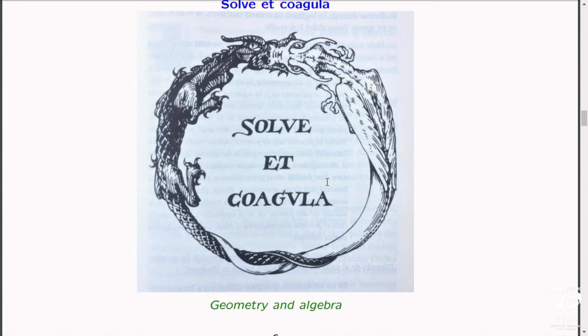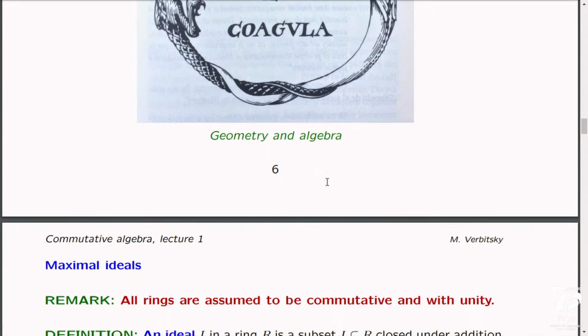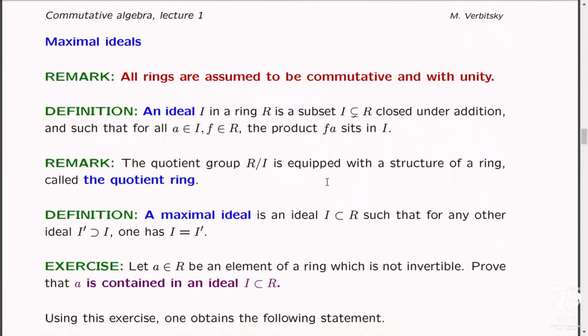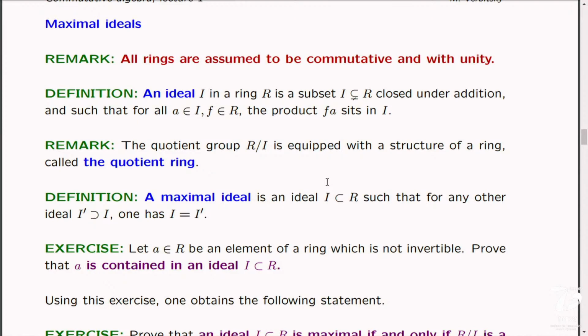I think black is coagulant, white is solve, but who knows? Probably algebra is. Well, we can discuss that later.